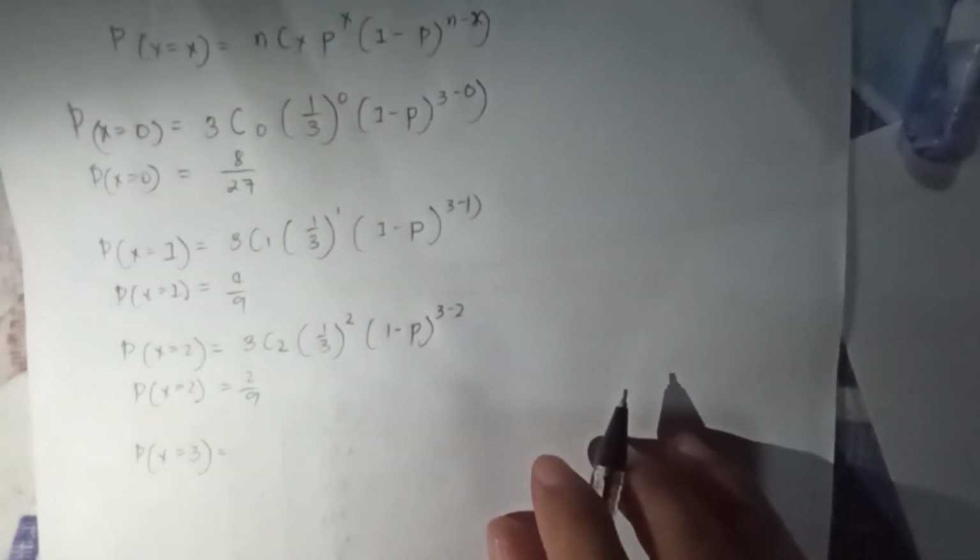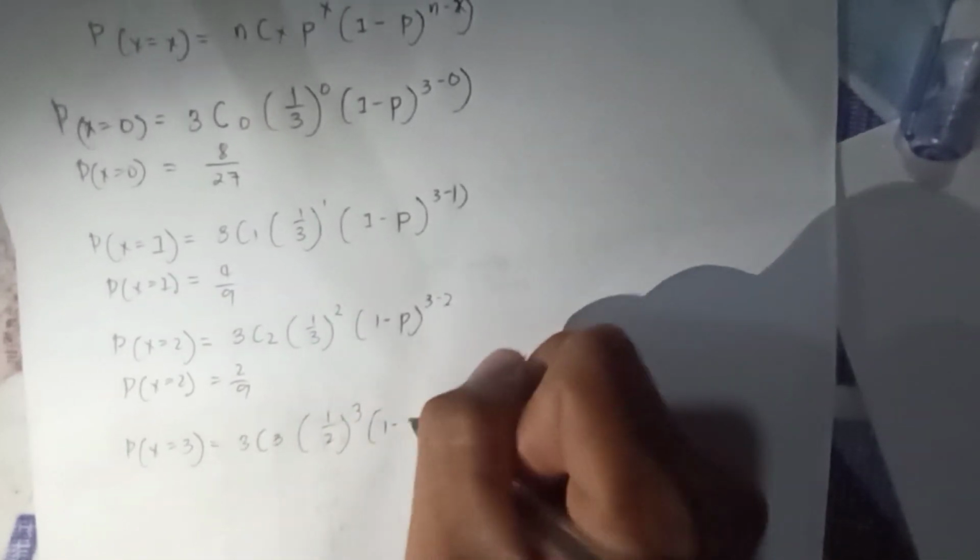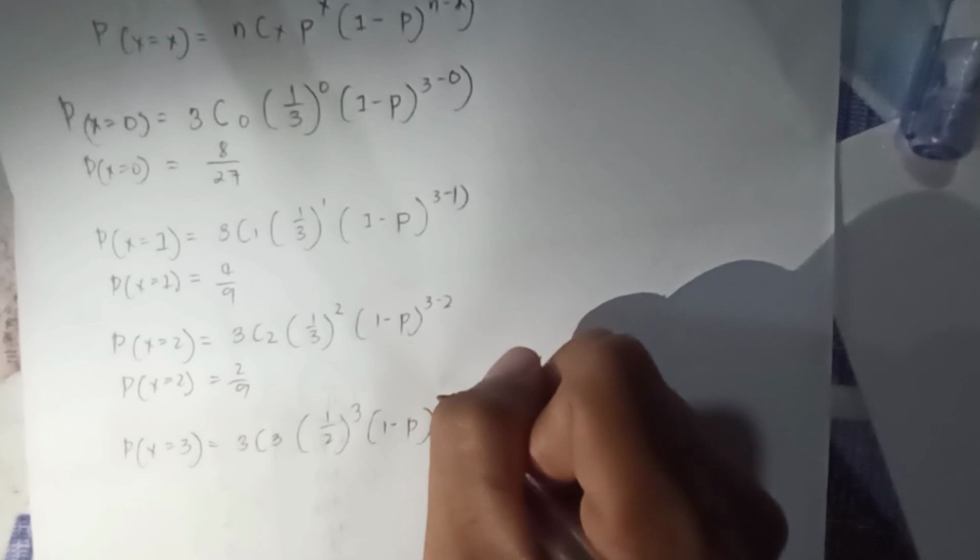Then after that, you need to get also p of x equals 3, because from the given, 3 balls are drawn in succession. So 3 choose 3, then multiply by 1/3 raised to 3, then 1 minus p raised to 3 minus 3. So you get the value for x equals 3, that is 1 over 27.